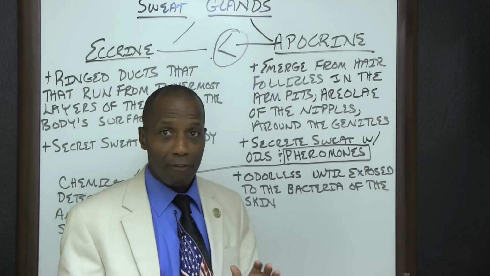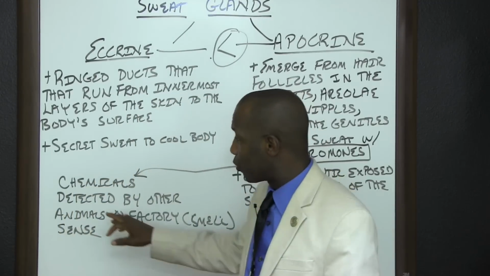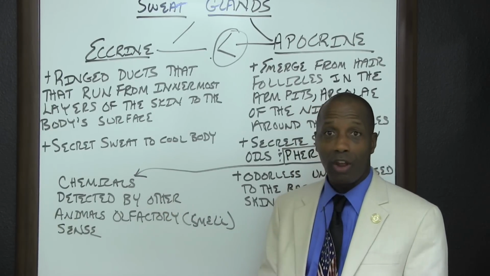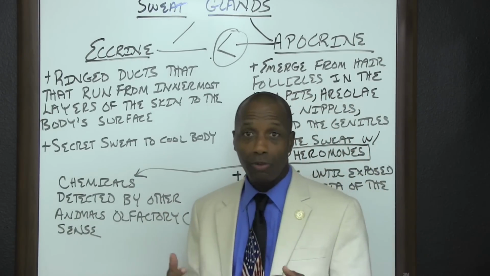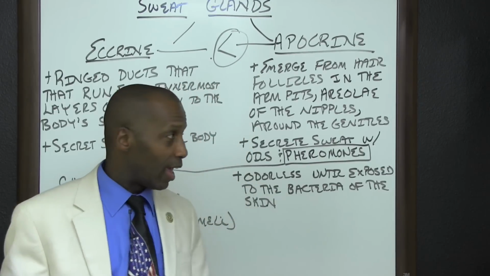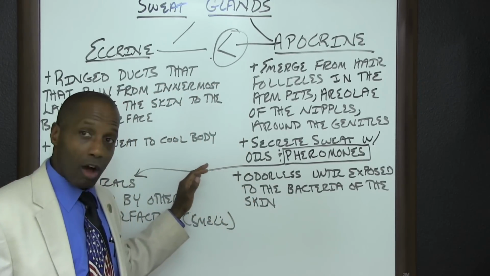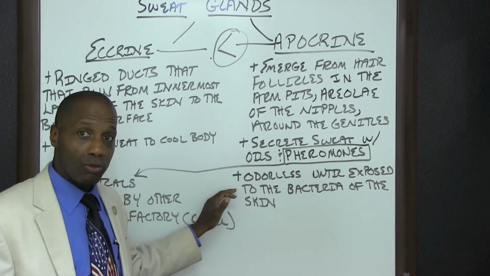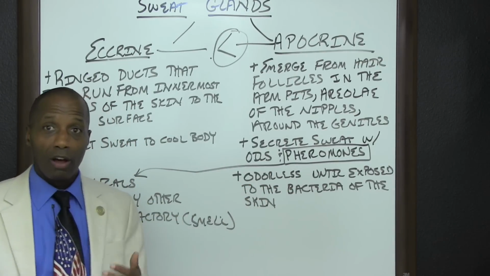Now, quickly about pheromones. Pheromones are chemicals that are detected by animals using their olfactory or smell sense. But going back to apocrine sweat glands, they are odorless sweat until it is exposed to the bacteria of the skin.